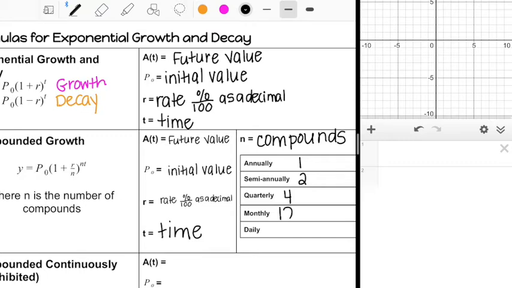Monthly is going to occur 12 times in a year, and daily is going to occur 365 times a year. Now, this is all compared to a year.